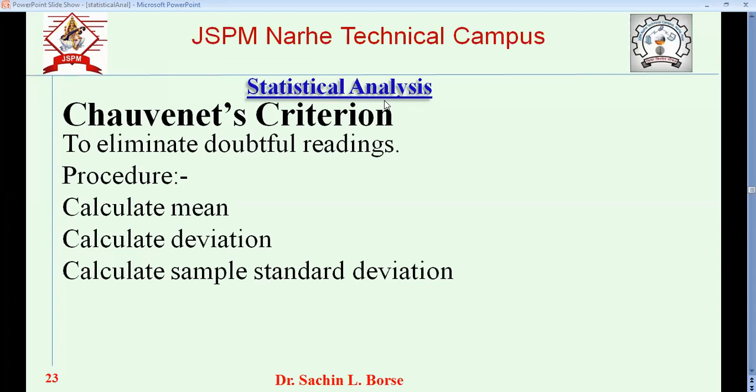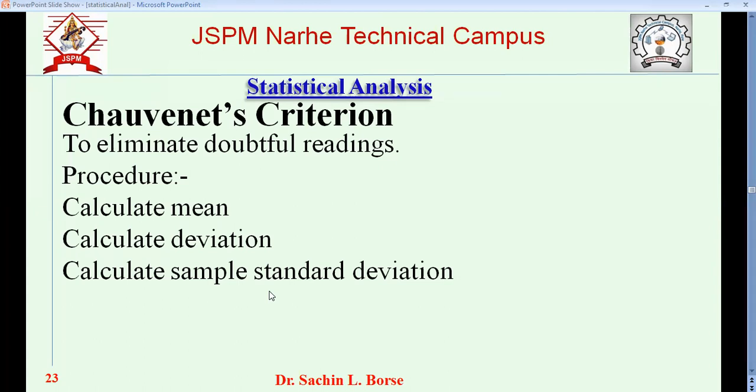Sometimes the reading is 1.35 but we write 1.25, so human error can be there. We need to reject a few readings if they are far away from the mean, but we cannot just reject them; we have to decide based on statistics.